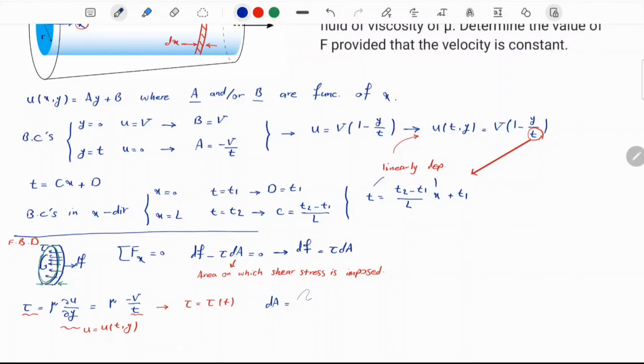It's equal to P D multiplied by dx. Right? Now, putting all together, dF equals minus mu V P D over t, dx.